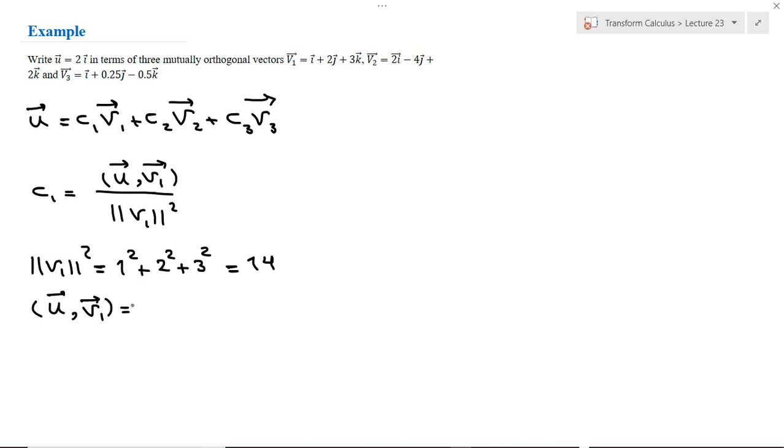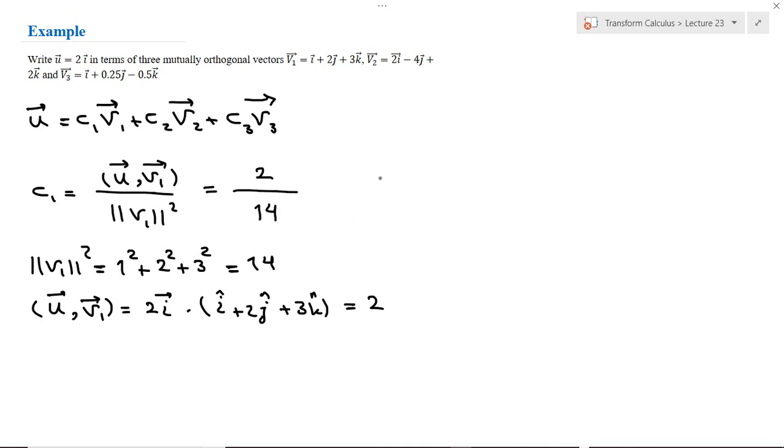It's the inner product of 2i and I plus 2j plus 3k. So we have the coefficient of I times the coefficient of I, 2 times 1 is 2, and we don't have any coefficient for j and k, so it's equal to 2. So it means that C1 is equal to 2 divided by 14.